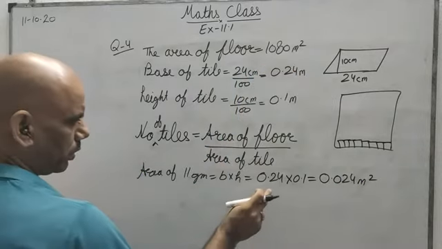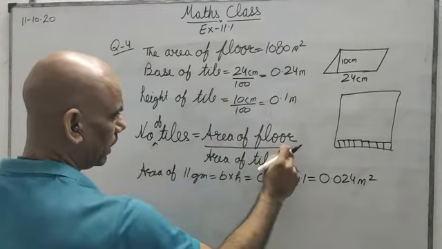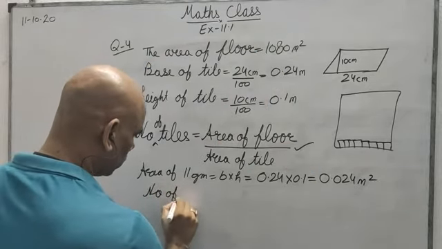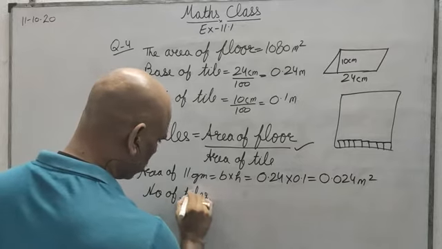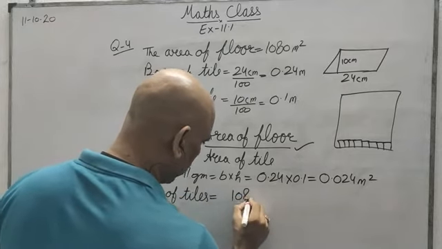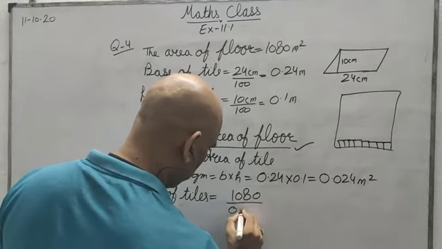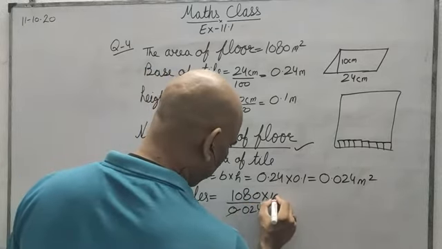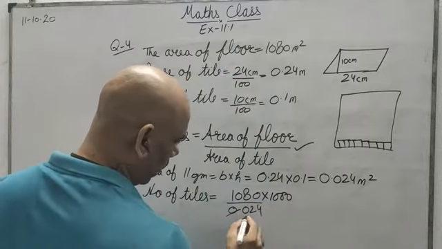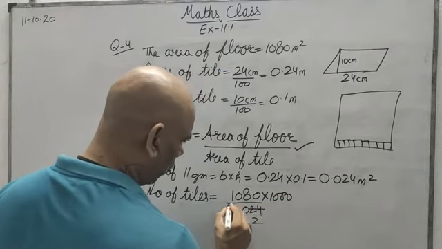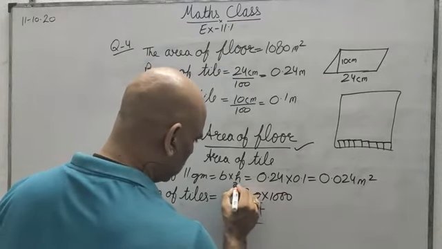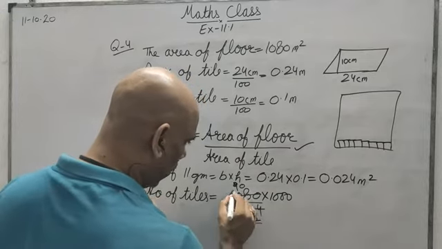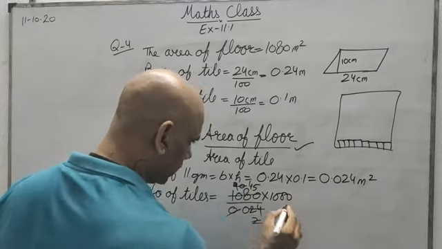And now I am substituting this and this in this formula. So number of tiles is equal to 1080 upon 0.024. If I remove the decimal, I will get 1000 at the top, and 12 2s are 24, 12 9s are 108, so it became 90, and 2 and 90 is cancelled.